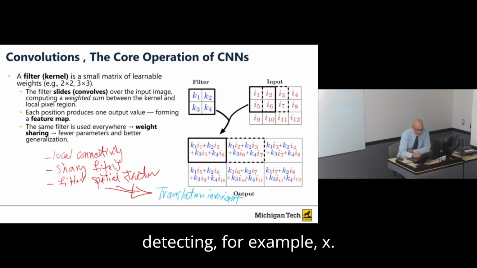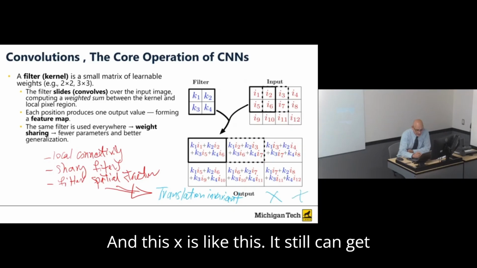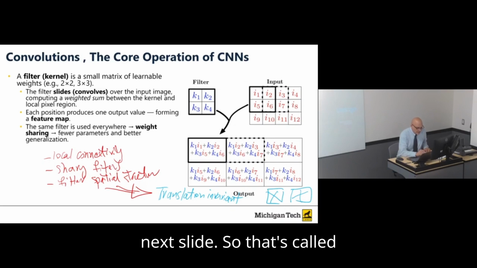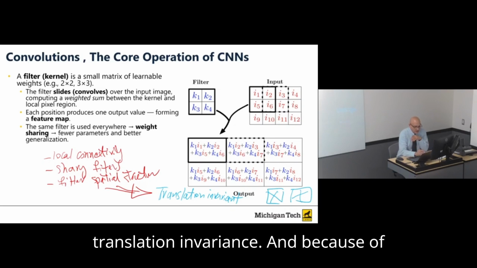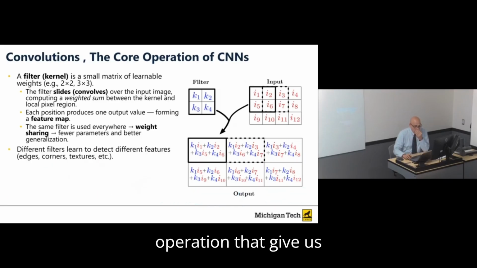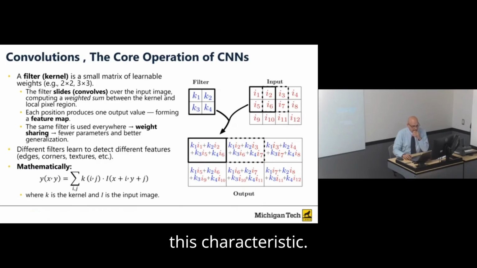For example, if you are detecting an X, and this X is like this, it still can get detected. We can see an example in the next slide. So that's called translation invariance. Convolution is an amazing operation that gives us this characteristic.